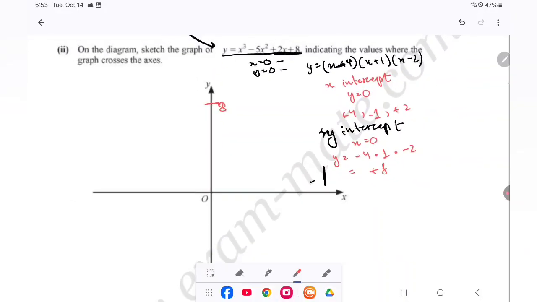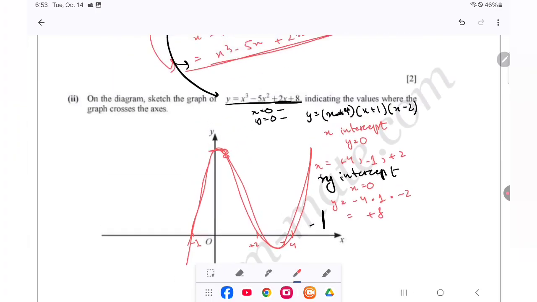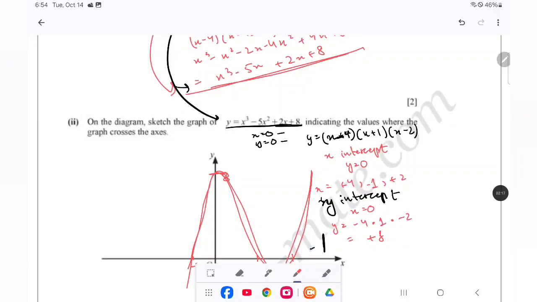The x gives you the values of positive 4, positive 2 and negative 1. So the graph should be something like this. This is the second part.